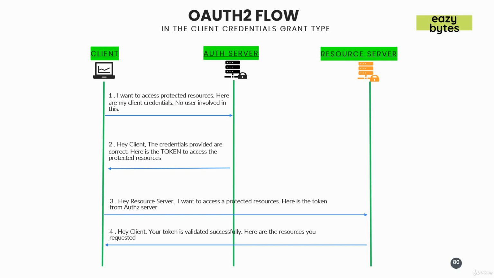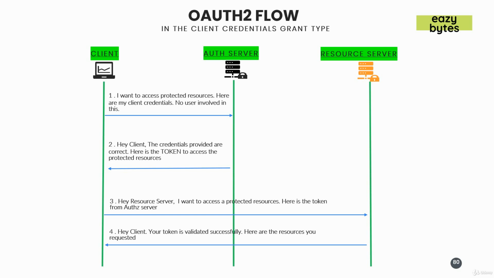In such scenarios, you decided that instead of maintaining the authentication and authorization flow inside each and every application, you keep all the authorization and authentication logic in a separate server called auth server.